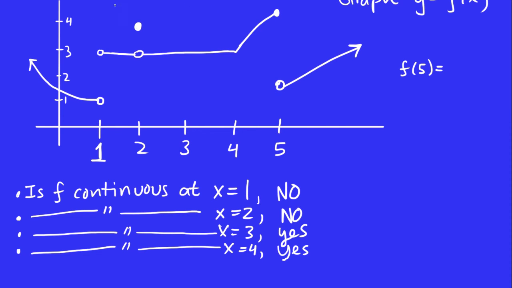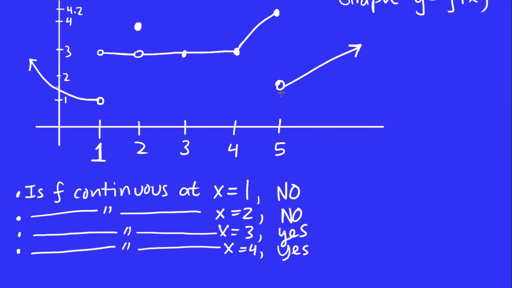It looks like a little bit higher than 4 actually. Or will it be, say, maybe 1.5? So let's pretend this is like 4.2 or something, and 1.5 is right there. Is f of 5 equal to 4.2 or 1.5? Well, of course it's equal to 4.2, right? That's what that solid dot means. So we need to have this solid dot here, whereas a solid dot here or here is actually just optional. It's unnecessary. Okay, I got a little bit off topic there.